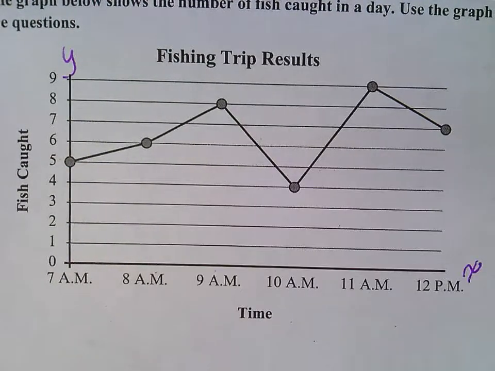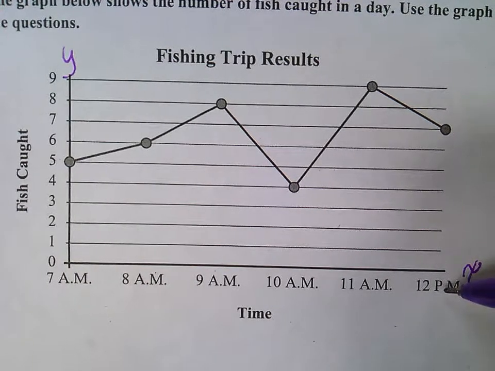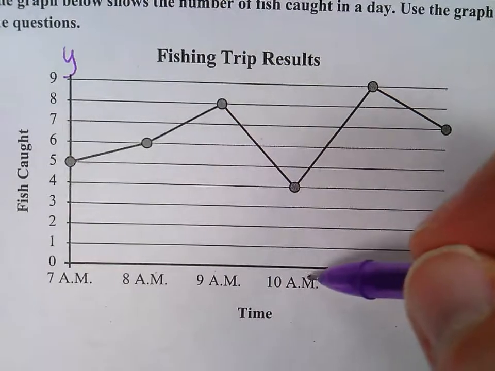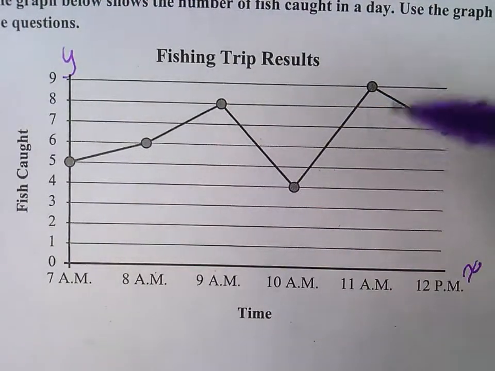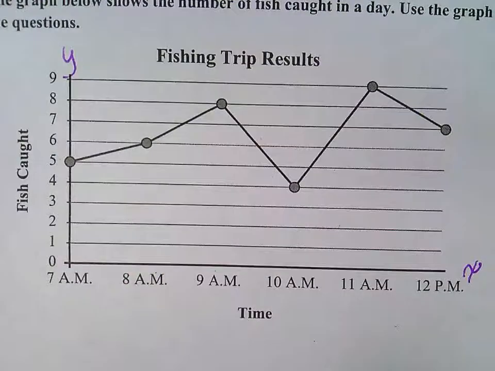Now, another question you might get is how many more, or what's the difference? If you ever get questions like that, make sure you subtract. So for example, how many more fish were caught at noon, 12 p.m., than 10 a.m.? Well, at noon there were 7 fish caught, and at 10 a.m. there were 4 fish caught.